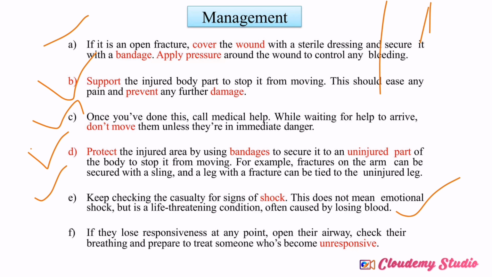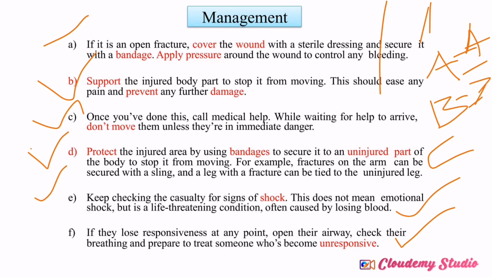Point F, under management: if they lose responsiveness at any point, open their airway, check their breathing, and prepare to treat someone who is becoming unresponsive. So that is someone who is going unconscious. Remember, we talked about triage, where we mentioned A, B, and C: A stands for airway, B stands for breathing, and C stands for circulation.